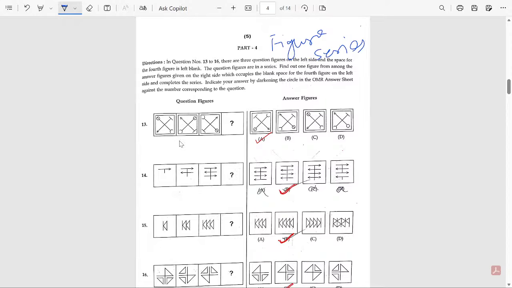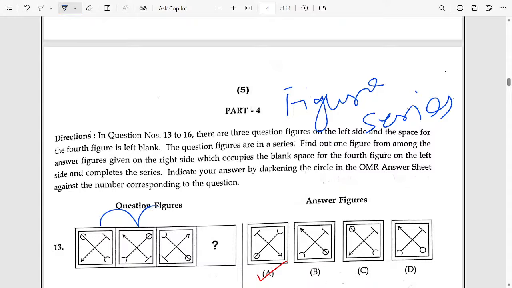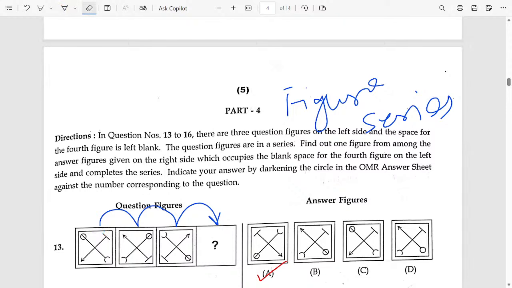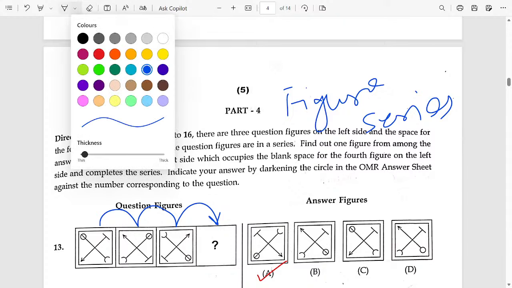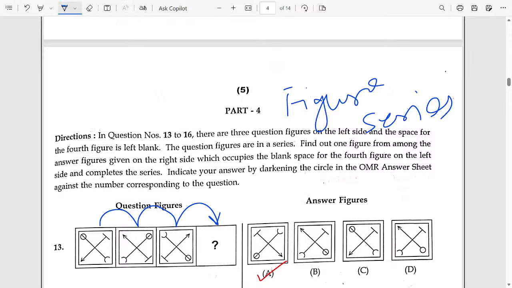Okay, so if I explain one question to you, what will happen for the first question? So here to here, here to here, here to here. What is happening? The circle is changing here and the arrow, right? So the whole figure is rotated, and this again it is rotated, this again it will rotate.